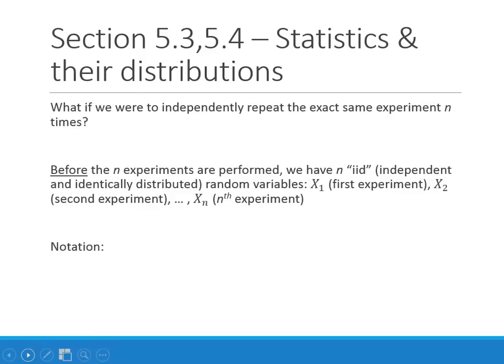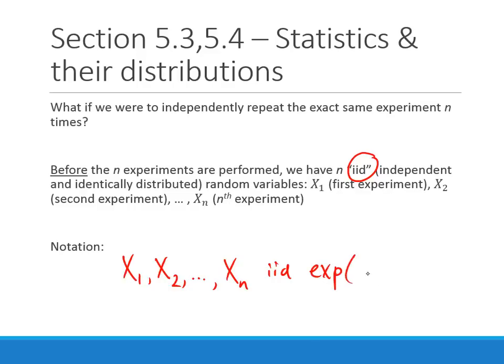Our notation here, we'll use the abbreviation IID to represent independent and identically distributed. So we'll have x1, x2, all the way up to xn, which are IID, and for example, in the previous example, IID exponential with parameter 0.05.